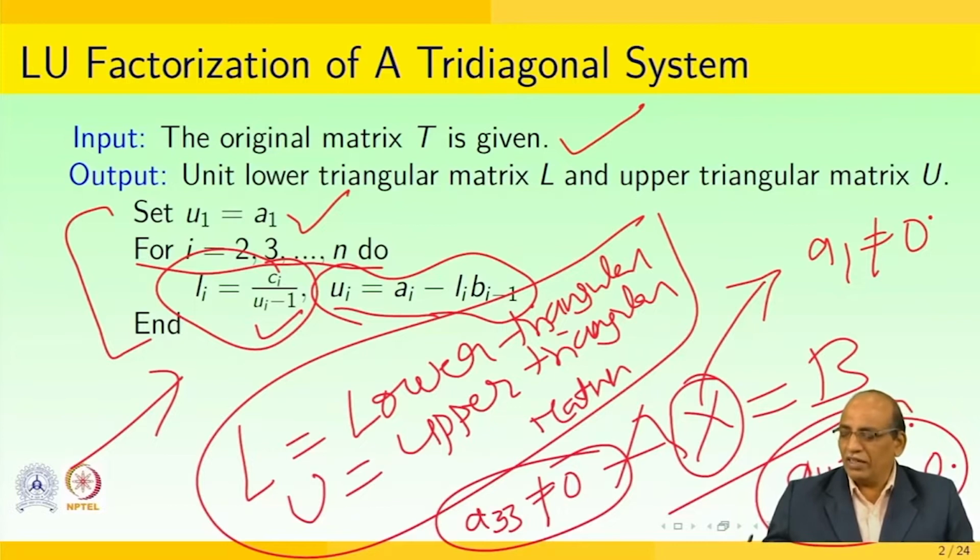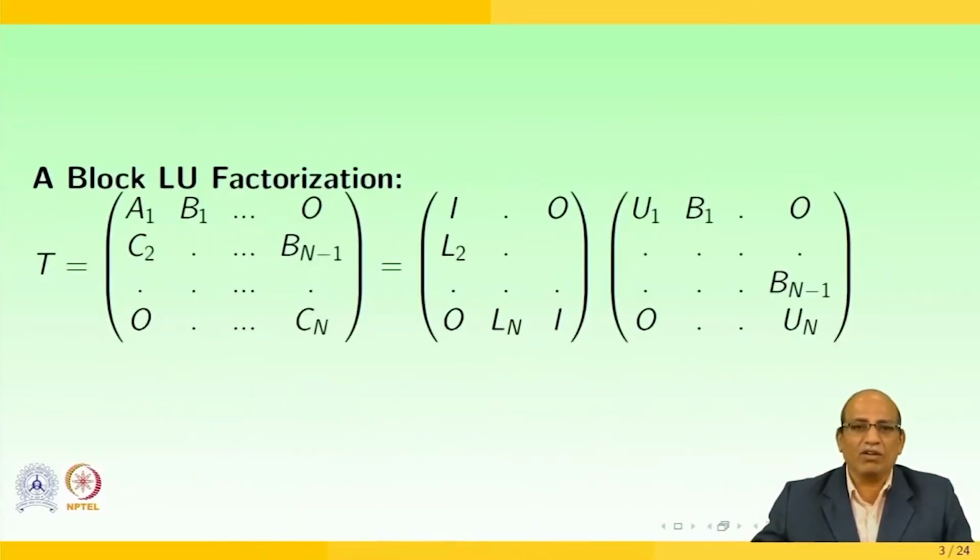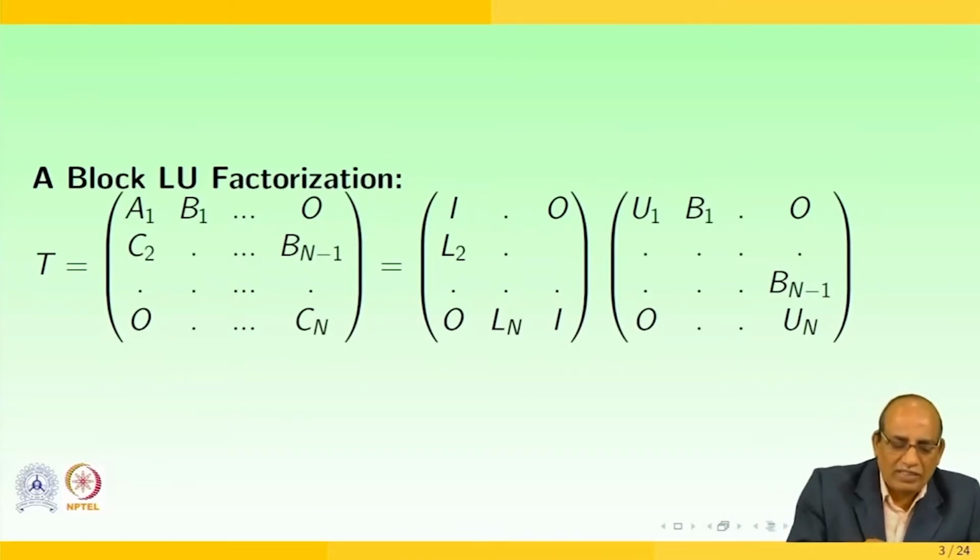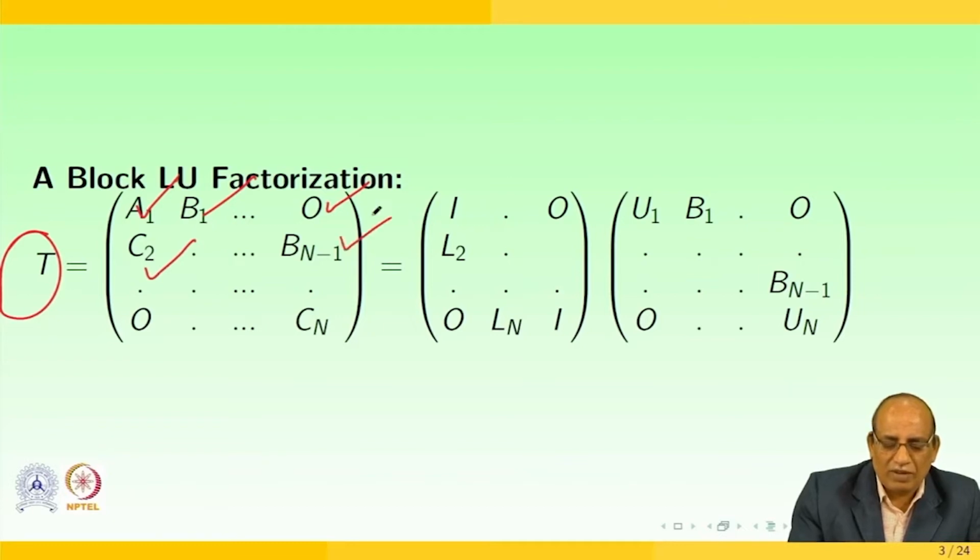So the algorithm looks very simple, but it presents serious difficulties. Look at this matrix T: A1, B1, then a 0, C2, and so on, up to Bn-1, 0, 0, and Cn.